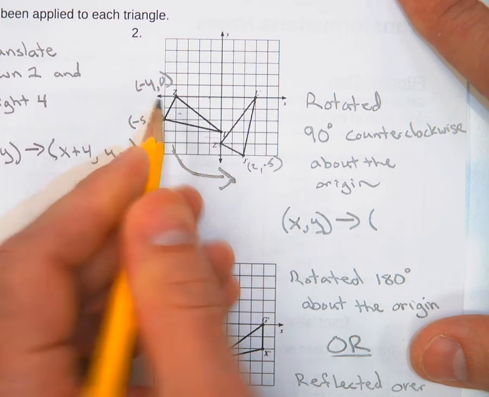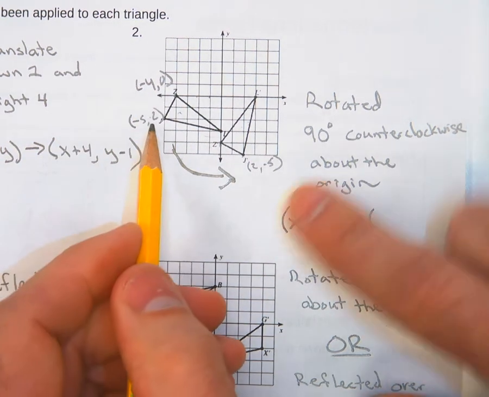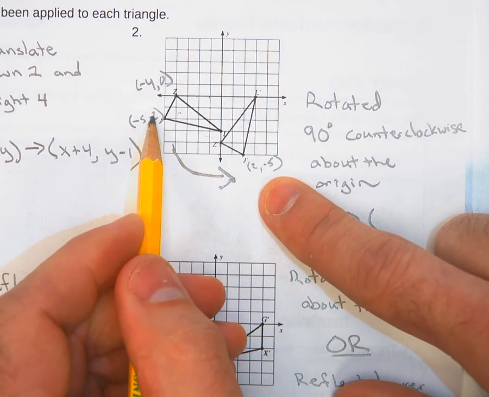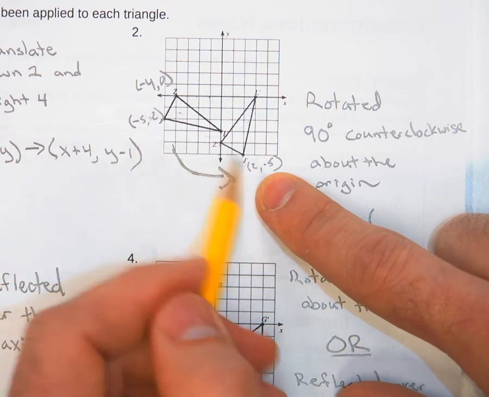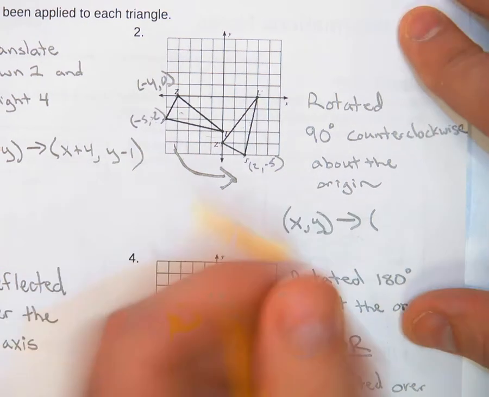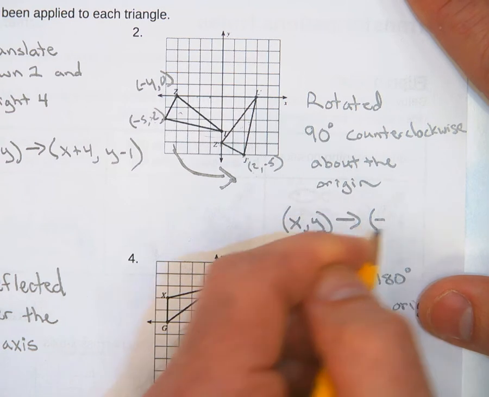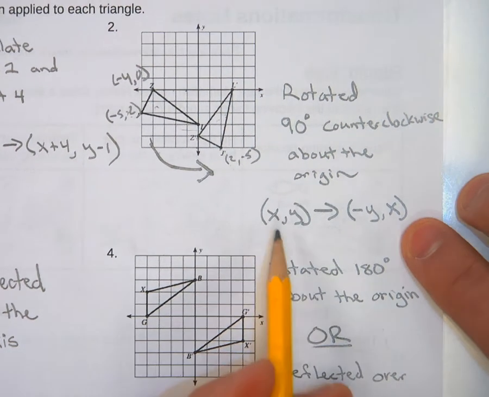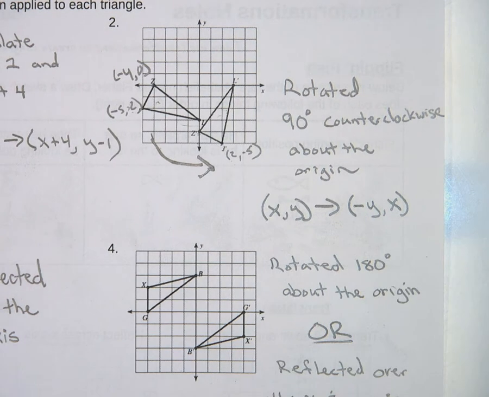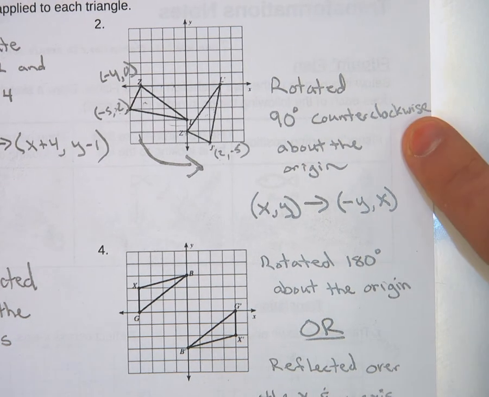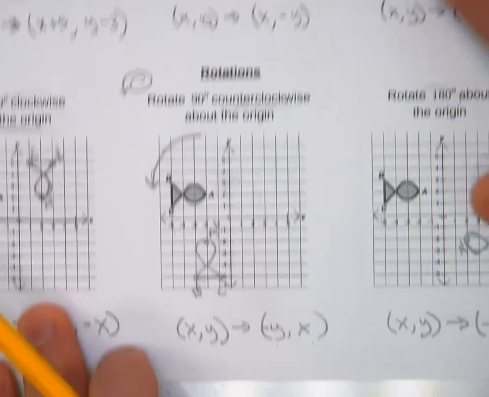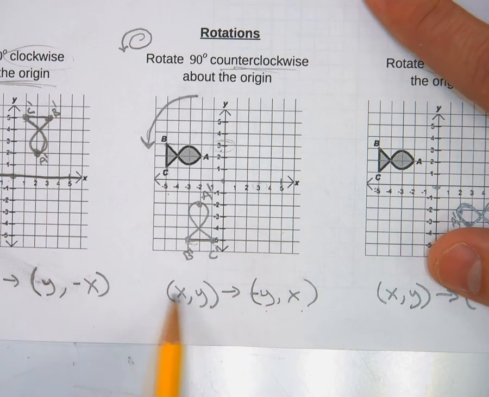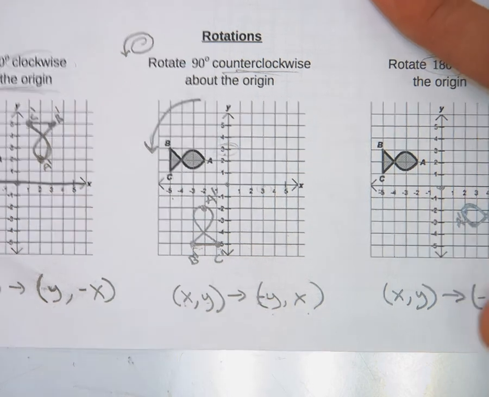It was hard to see on that first one because with 0 you can't see the opposite, but see how we were down 2, and now I'm right 5? That negative went away to a positive. So I'm getting the opposite of my Y value and keeping my X value, but they're swapping spots. That's what happens when you rotate, right? That was the same thing when we looked at rotating 90 degrees counterclockwise: they switch and the Y changes its sign as it's now the X value.